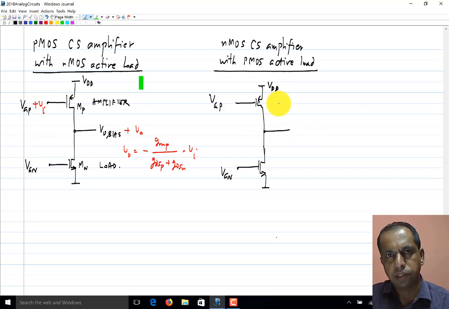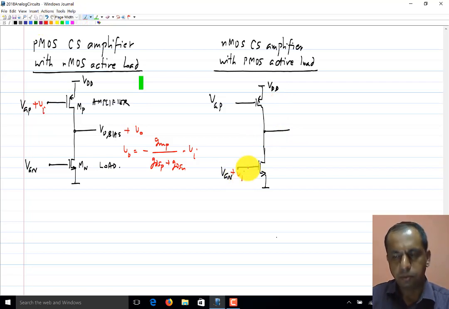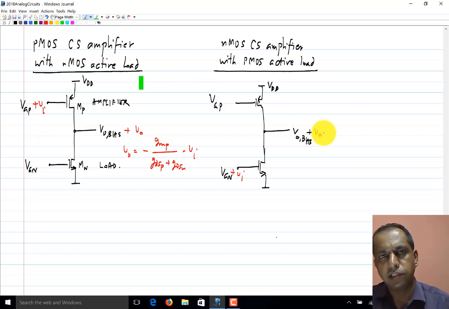You can see that the circuit looks exactly the same, except that in this case the input is applied to the NMOS transistor and the output is at exactly the same place. Again, we assume that both transistors are in saturation region at the operating point. Okay.